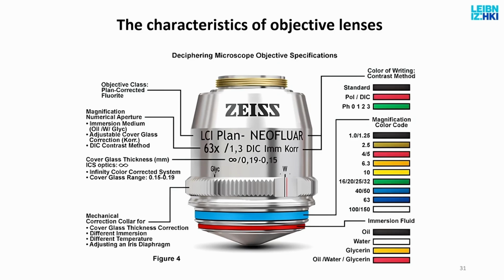Yeah, we will get to that. What happens if I'm not using this? You have some aberration. Yeah, exactly. You will have spherical aberration because it's not corrected for that. So it's corrected for 1.5, 170 micrometers. It will work, but it will not be optimal.